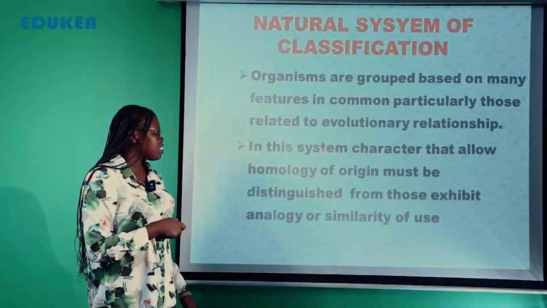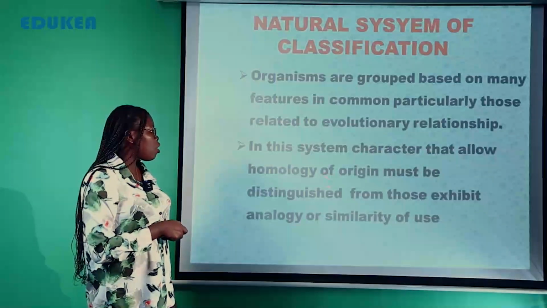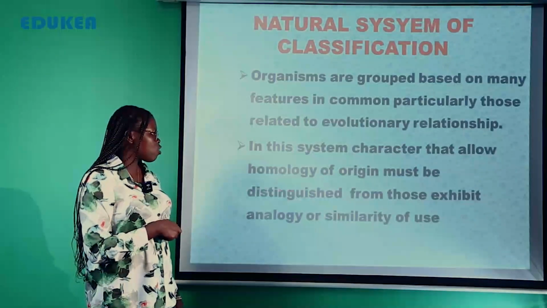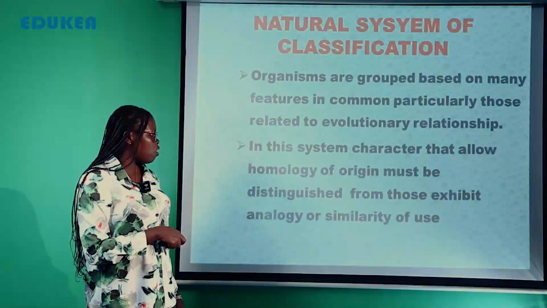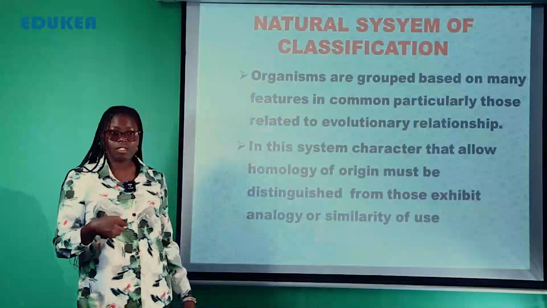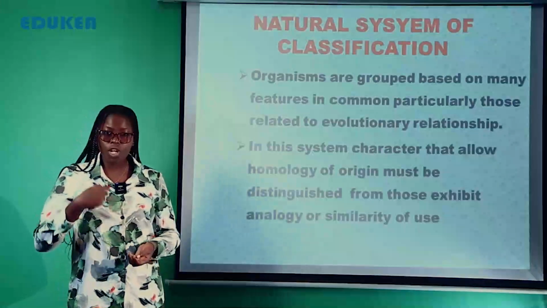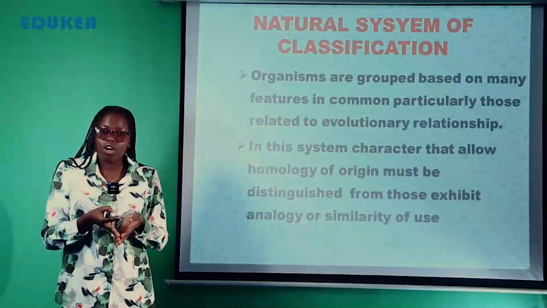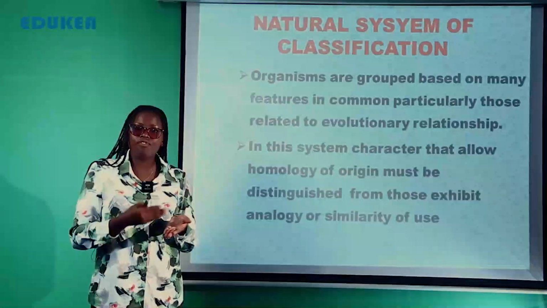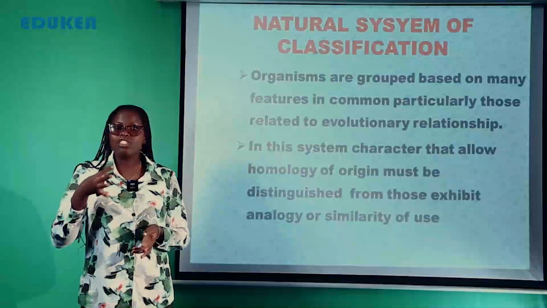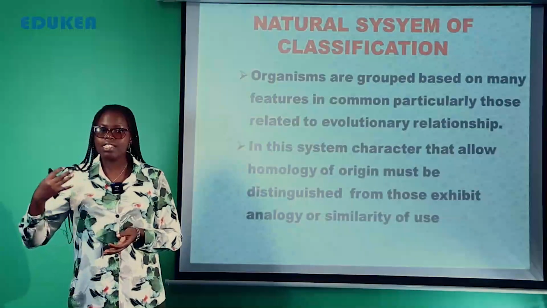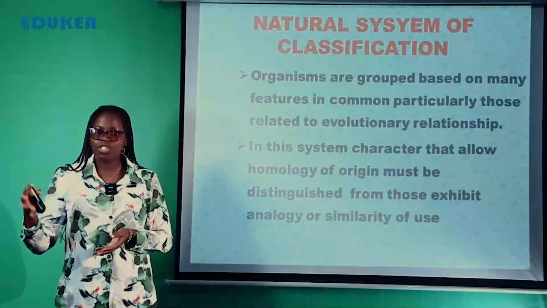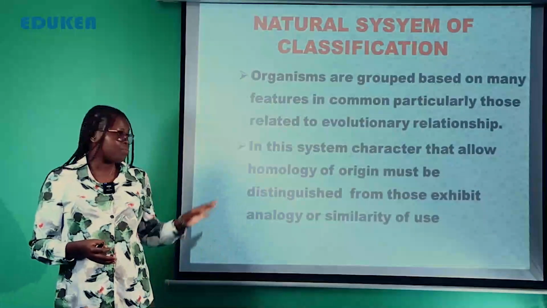Also, in this system, characters that show homology of origin must be distinguished from those exhibiting analogy or similarity of use. So in this system of classification, homologous structures, or internal structures which have evolved from the same ancestor, are distinguished from structures acquired as a result of adaptation to the environment, which is analogy.